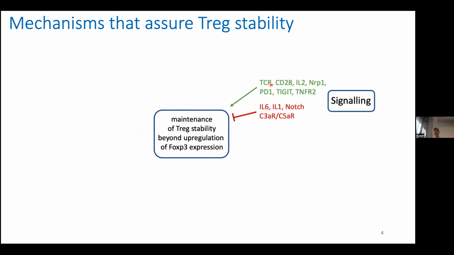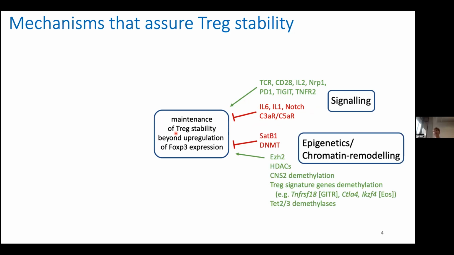Yeah, TCR signaling, co-stimulation, IL-2, pSTAT5 signaling, for instance. And then there are signaling pathways like pro-inflammatory cytokine signaling pathways via STAT3, STAT1, STAT6 that are a threat to Treg stability. Very important. This all always comes down to the epigenetics.